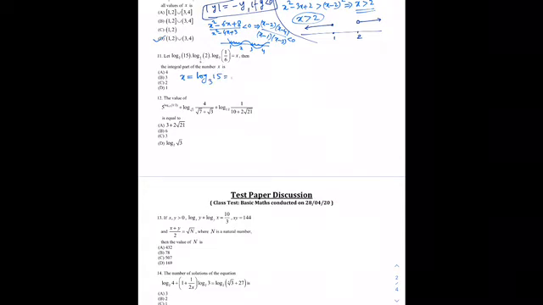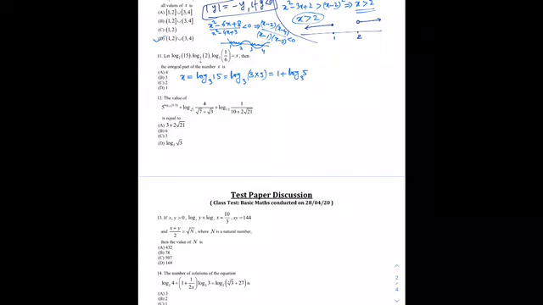It will be log of 15 to the base 3, which is log of 3 into 5 to the base 3, which is nothing but log 3 to the base 3, which is 1, plus log 5 to the base 3.